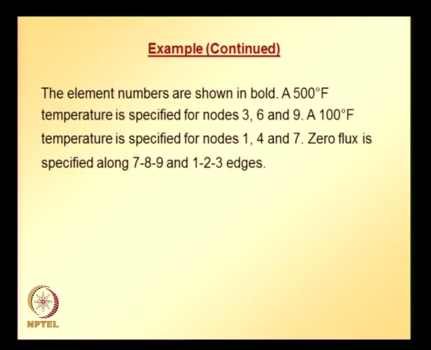Element numbers are shown in bold. A 500 degree Fahrenheit temperature is specified at nodes 3, 6, 9, a 100 degree Fahrenheit temperature is specified at nodes 1, 4, 7, and 0 flux is specified along the 7, 8, 9 and 1, 2, 3 edges. So, let us see.